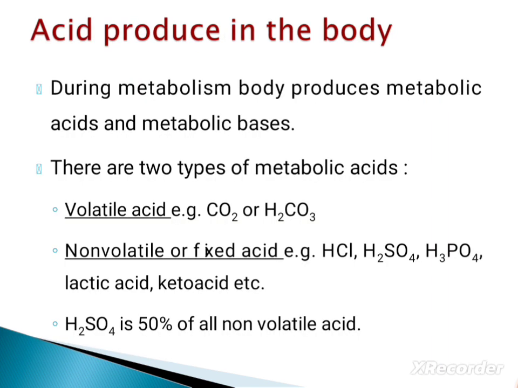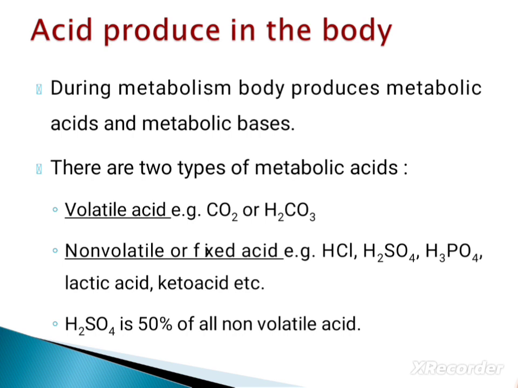The acid produced in our body. In our body, like in the stomach, we all know that hydrochloric acid is produced. There are many more acids produced during the metabolic process. They can be grossly categorized into two types. Number one is volatile acid. Number two is non-volatile or fixed acid.